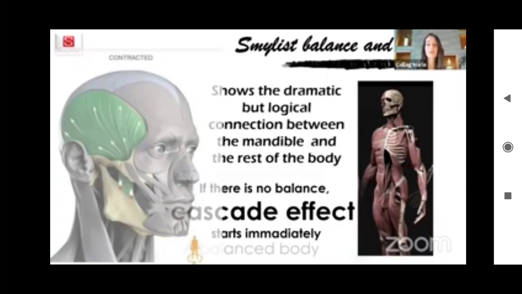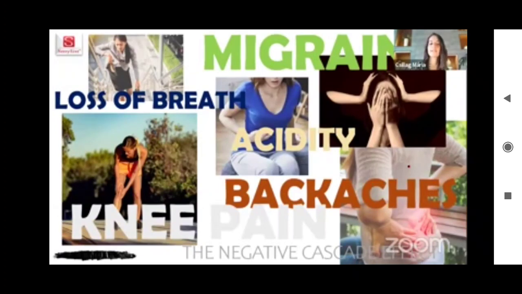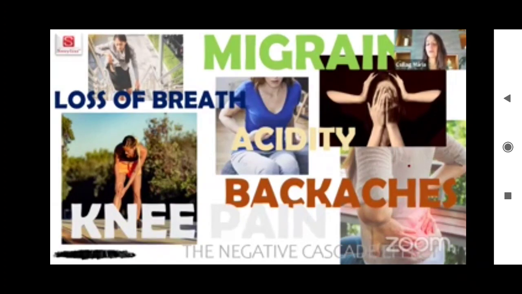You can find out what is going on in the mandible, and you can convince yourself that if you treat the mandible problems and set the mandible in its proper position, you can solve this kind of problems on the body, on the muscles, and on the inner anatomical structure, or for example on the knee as well. These problems, migraines, acidity, backaches, knee problems, or loss of breath, arise because the mandible elongates the muscles and makes a distortion in our posture as well.